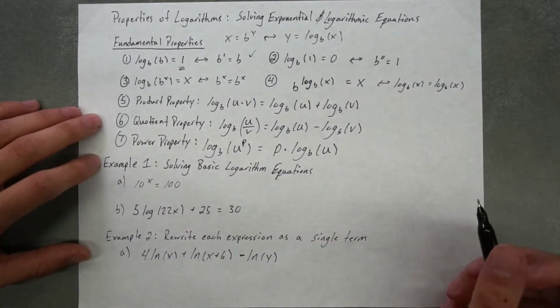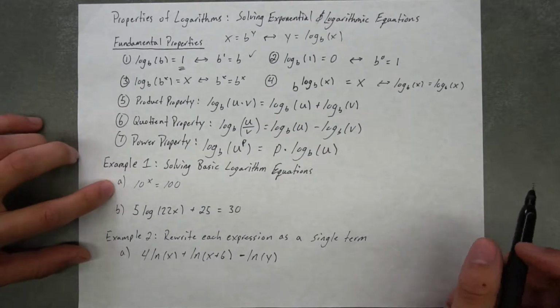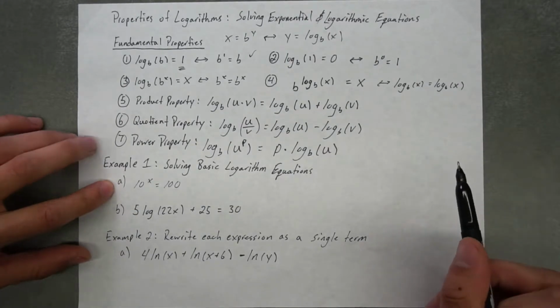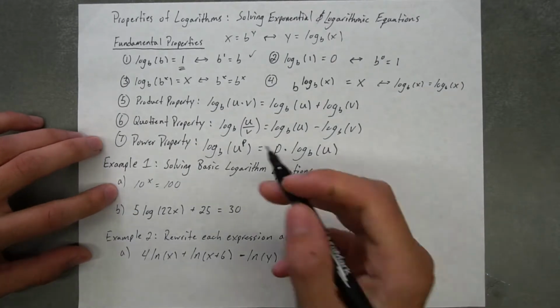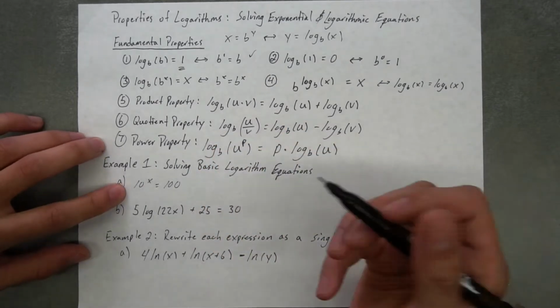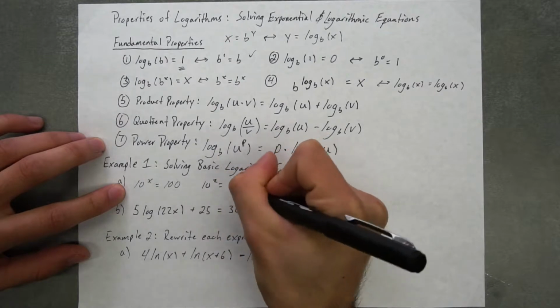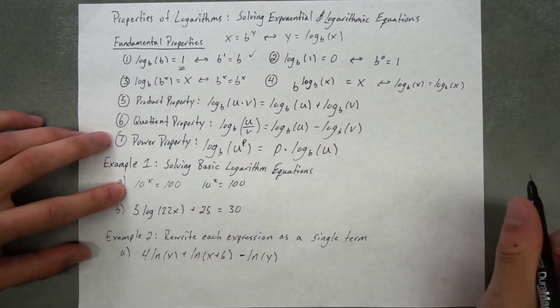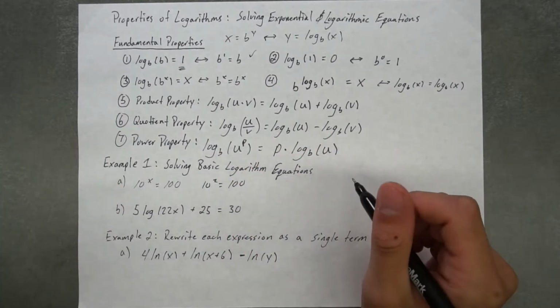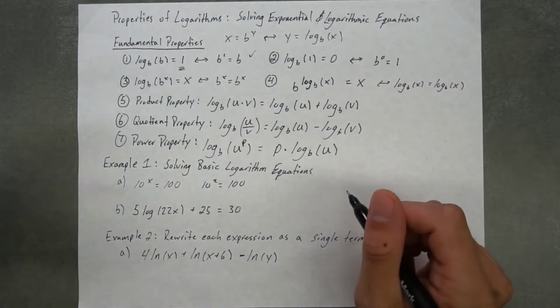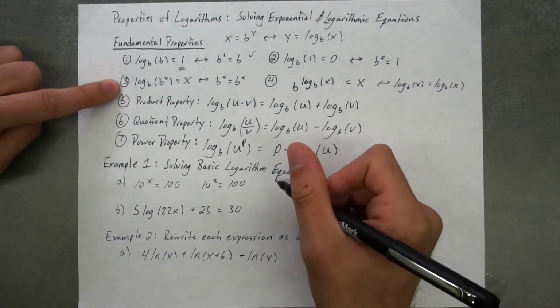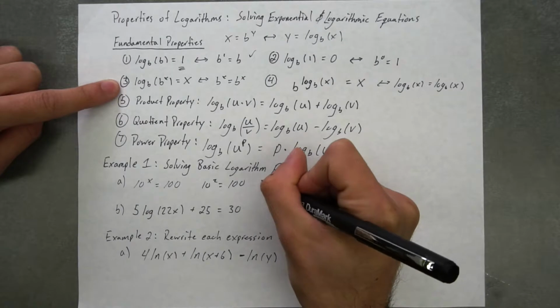Alright, so for the first example, we're solving basic logarithmic equations. We have 10 to the power of x equals 100. We just know that 10 squared is 100. But if we apply the properties of logs, say property 3, we're going to take the log of each side.